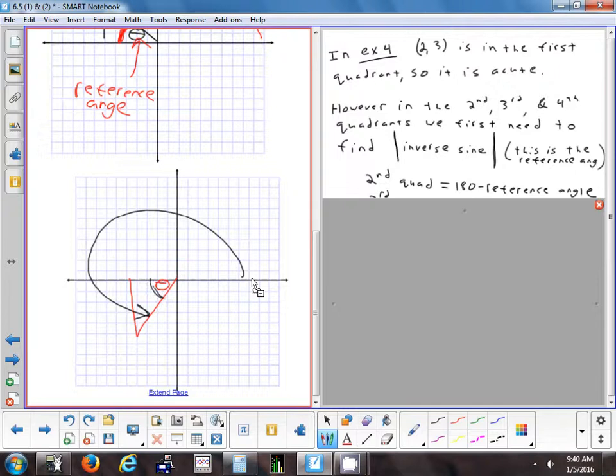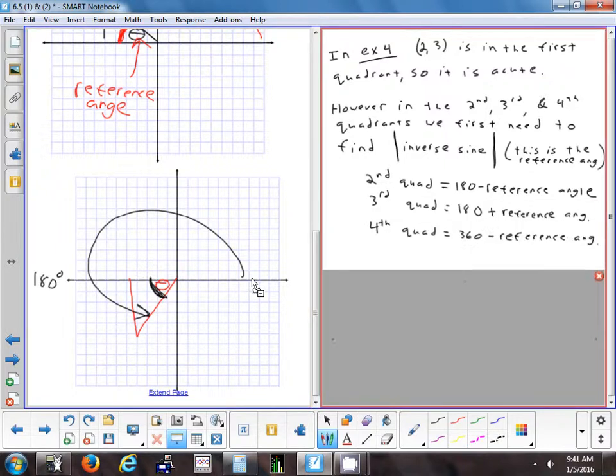So this is what you're going to find. So what would you do there? Add it to 180. All right, so this is 180, and this is your angle. So you're just going that much past 180. So if this was, say, a 40-degree angle, this would be 180 plus 40 more, and that'd give me my total.